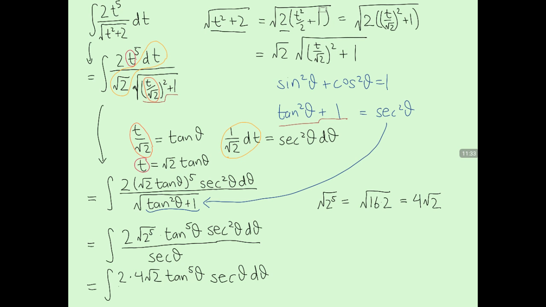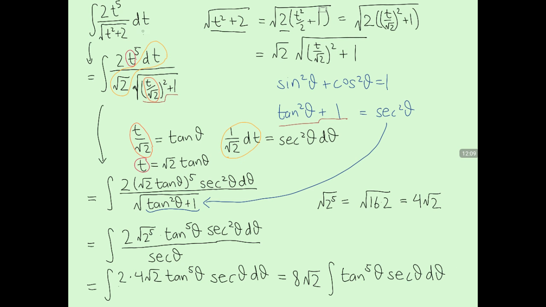Right now, I think it's worthwhile to take a moment to take it all in. I'm just going to keep simplifying this. 2 times 4 is 8, so I'm going to take this outside of the integral. 2 times 4 root 2 is 8 root 2, times the integral of tan to the 5th theta secant theta d theta.